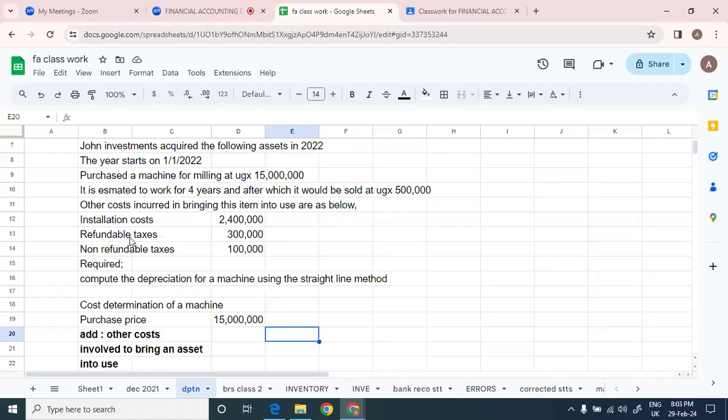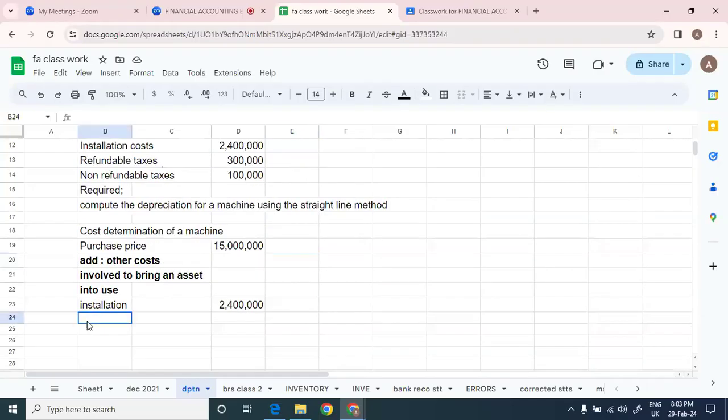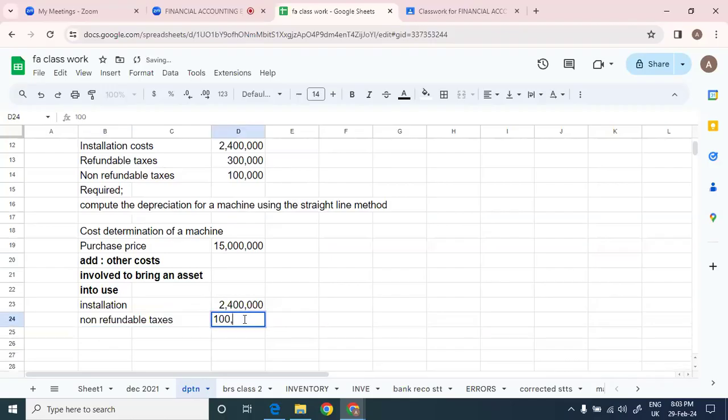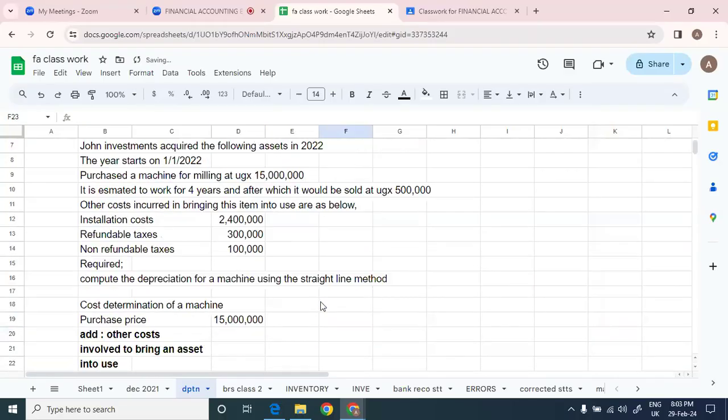So we take non-refundable taxes, over 100,000.